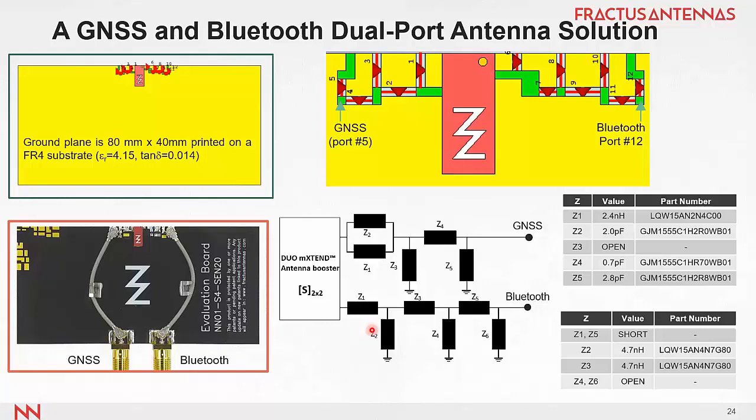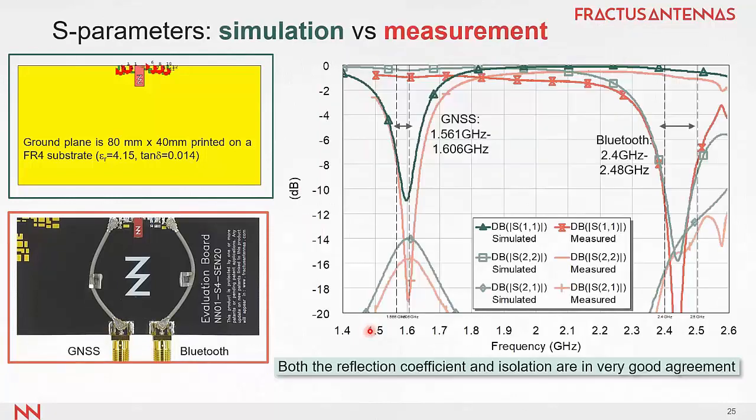And now we are done. We have designed the matching network and see the results in terms of S11 and isolation. In green we have the simulation, and in this pink color we have the measurements. We see that in the frequency bands of operation, GNS as well as Bluetooth, we have S11 below -8 dB, which matches perfectly the simulation with the measurement.